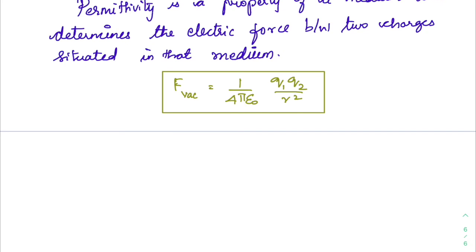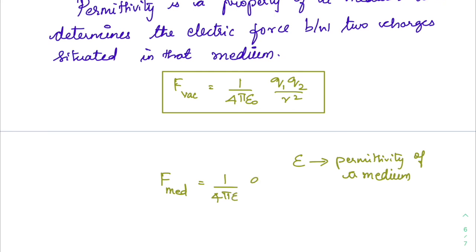Suppose I keep these two charges in some other medium, say its permittivity is given as epsilon. So epsilon is nothing but the permittivity of a medium. Then the force experienced by the charges in that medium, say F medium, is given as 1 by 4 pi epsilon q1 q2 by r square.